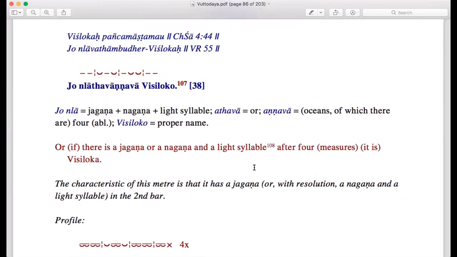There should be a Jagana or a Nagana with a light syllable after 4 measures. That means in the beginning there should be 4 measures, and after those 4 measures there should be a Jagana or a Nagana and a light syllable. So that is the rule here.